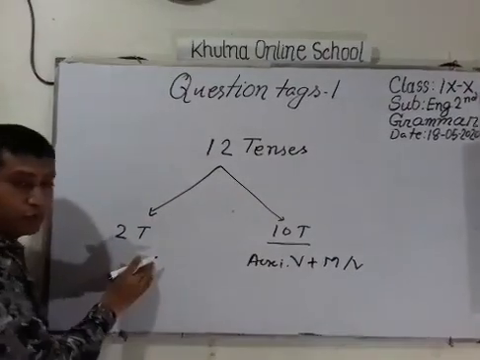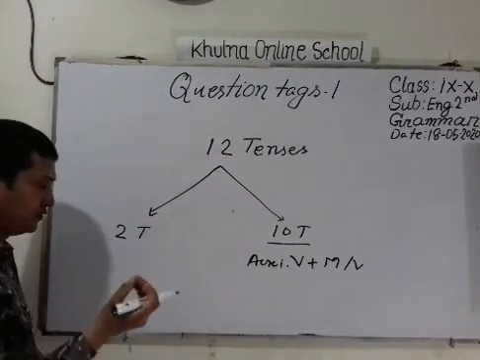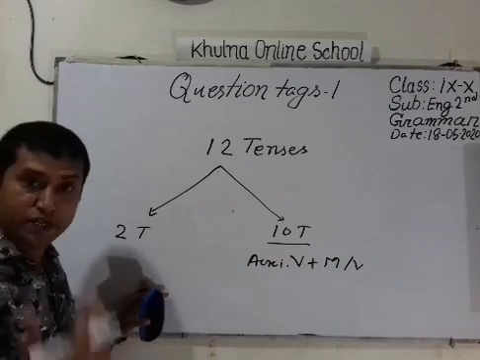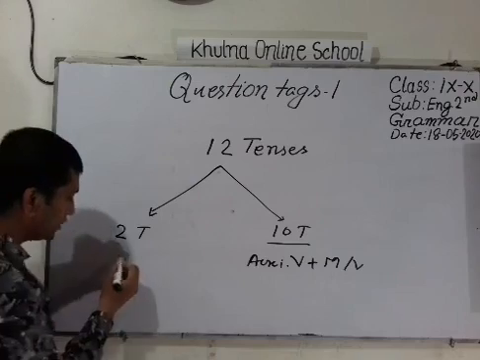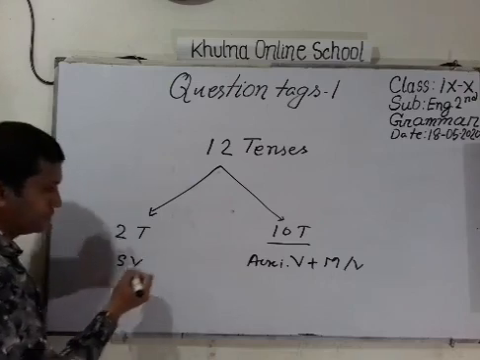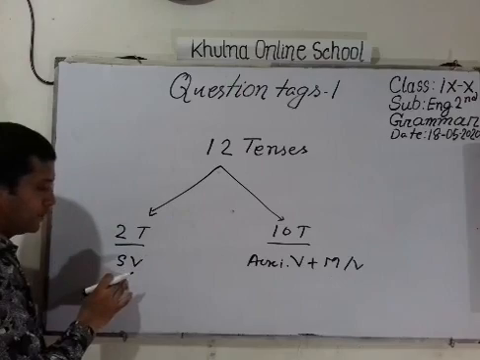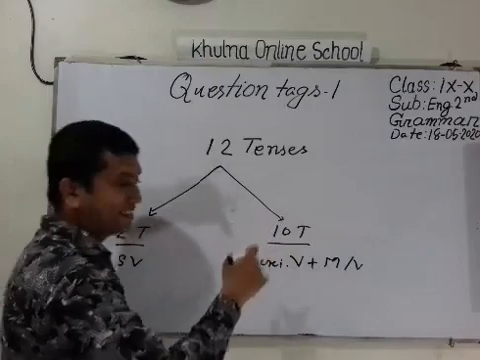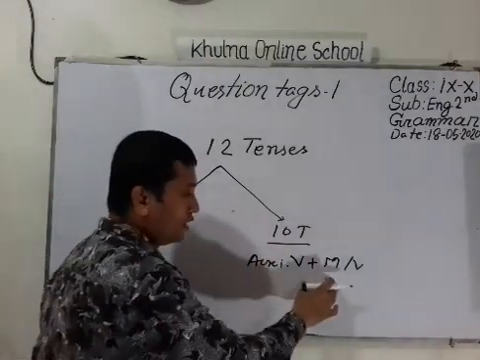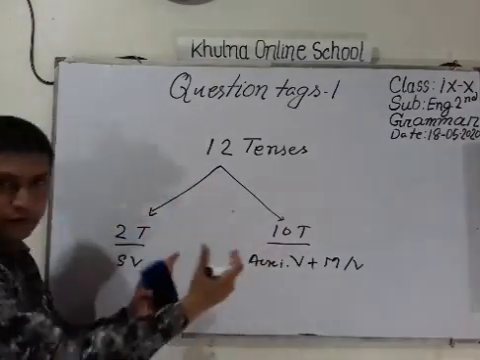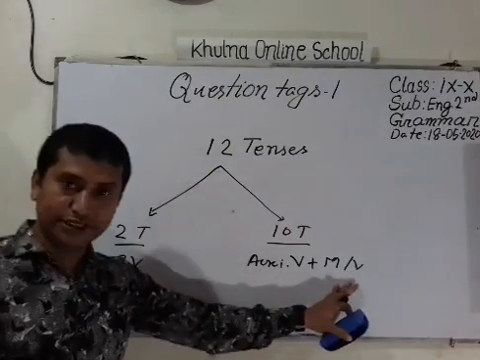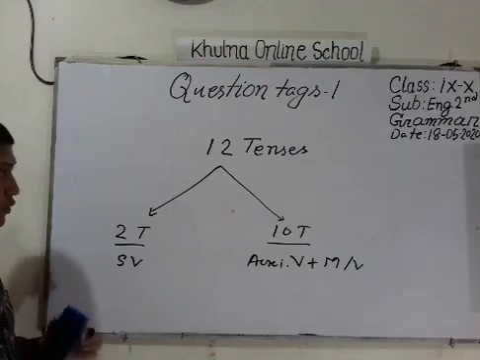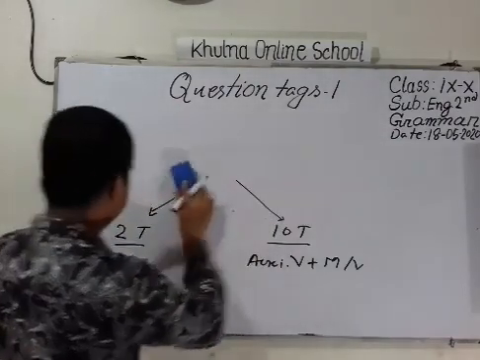But in the other two we use only a single verb, that may be a be verb, have verb or main verb. Dear students, we can just say single verb. That means in two tenses we use a single verb, and in the rest 10 tenses we use a verb phrase, a double verb. One is the helping verb, another is the main verb. Students, now I will make it more clear with example sentences.